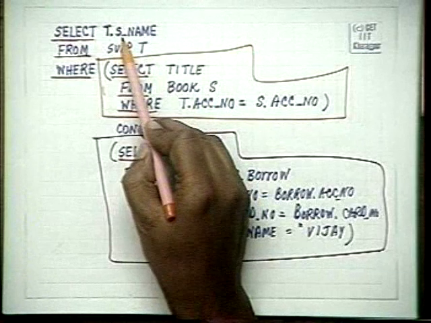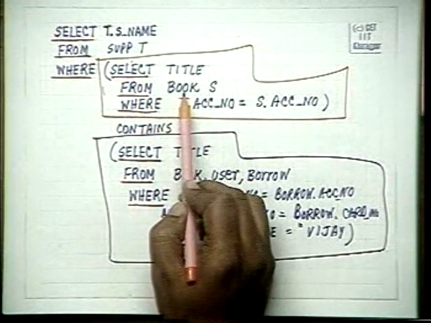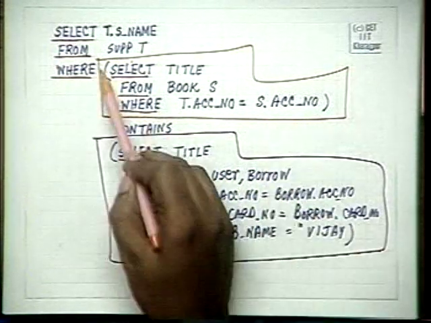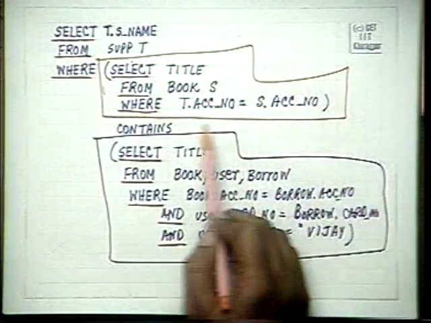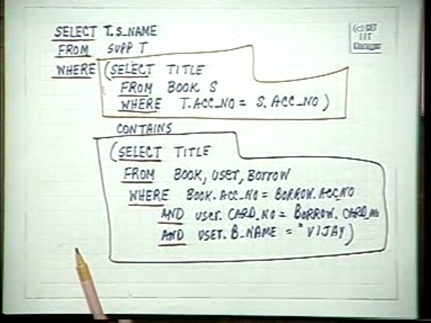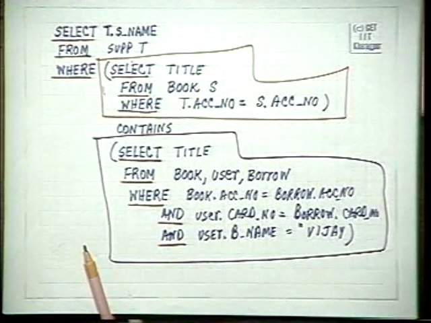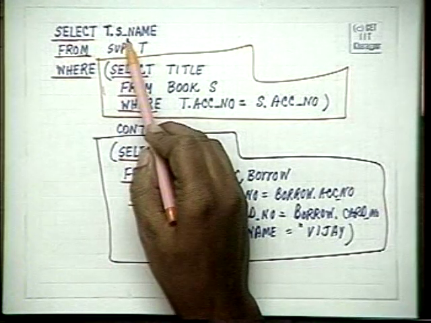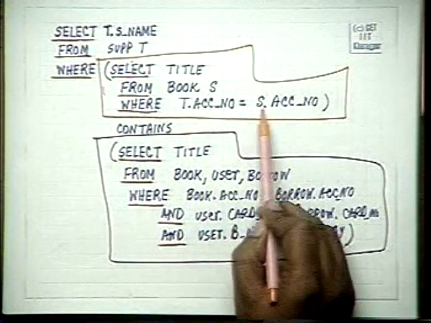That is, I want T such that there exists a title whose accession number is equal. So this will select out all possible titles of all books which is supplied by a particular supplier, any supplier. Take any particular supplier, that supplier must have supplied this book.